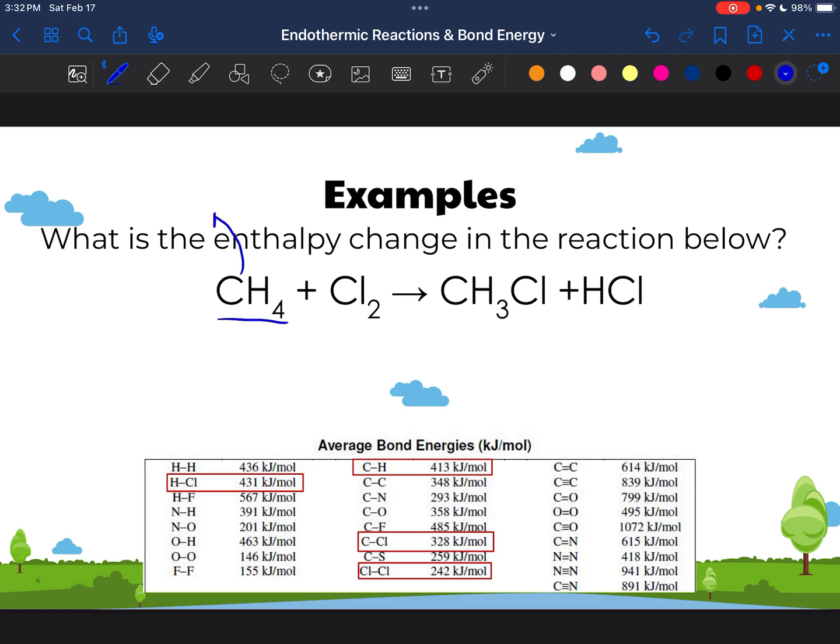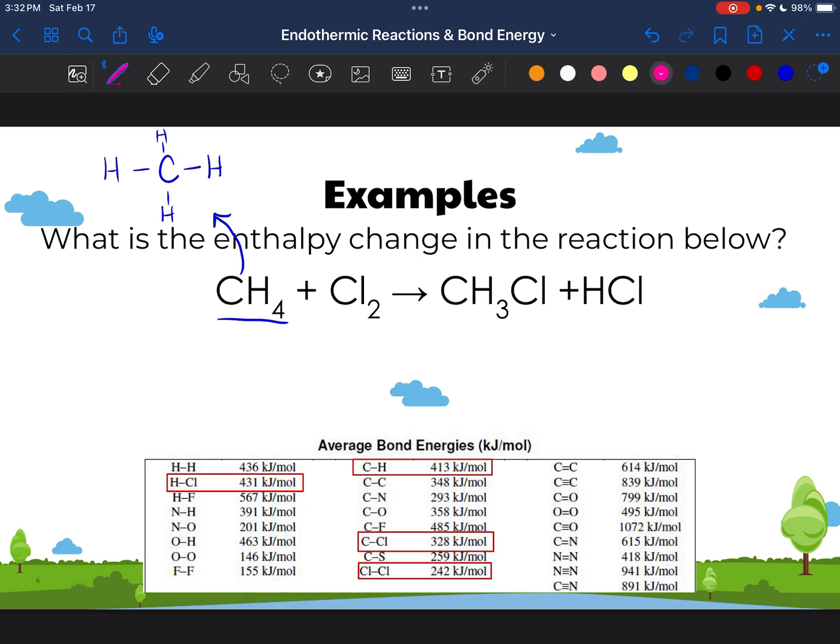This CH4, if I were to redraw it, will look something like this. Now here's the part: how are we going to write this down? I know there's only one carbon, but all we care about is what is attached to it.